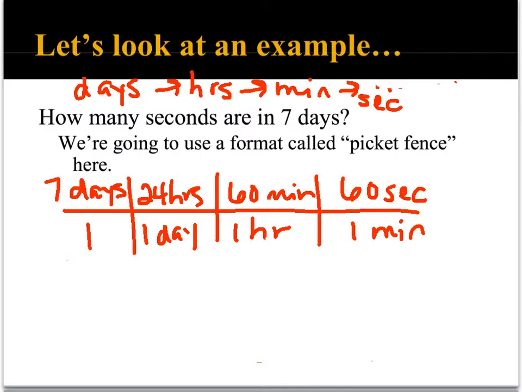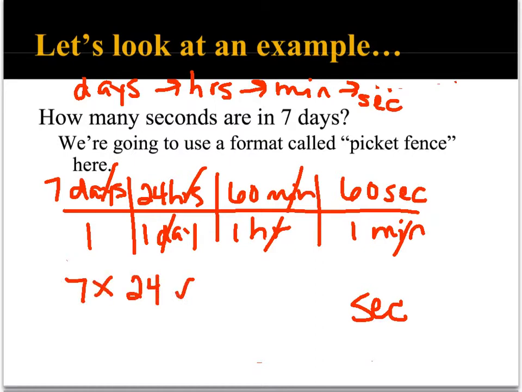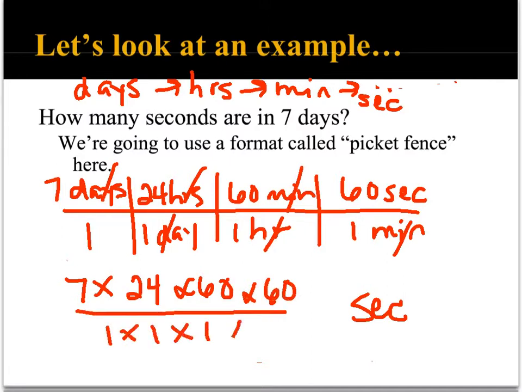What I want you to pay attention to is that there's some canceling that happens. So let's look at the canceling. If you divide days by day, these cancel. Hours cancel the same way. Minutes cancel. So your units at the end are seconds. So how do you solve this? You're going to say 7 times 24 times 60 times 60 divided by 1 times 1 times 1 times 1.